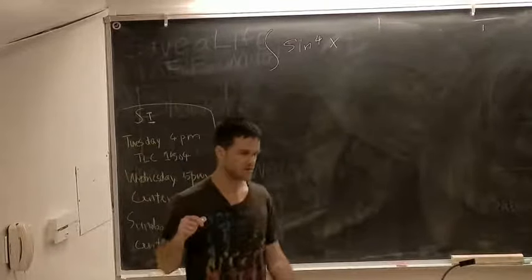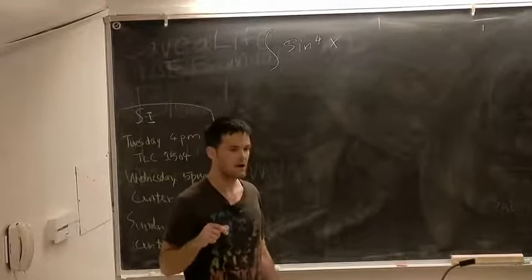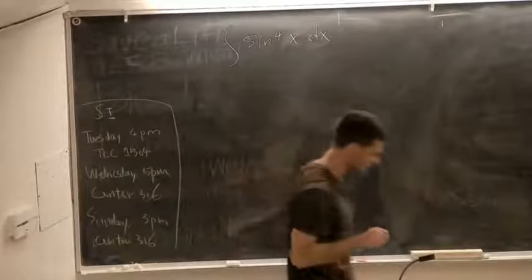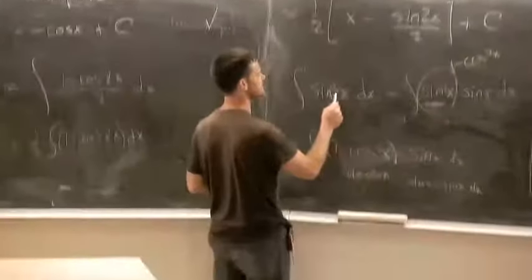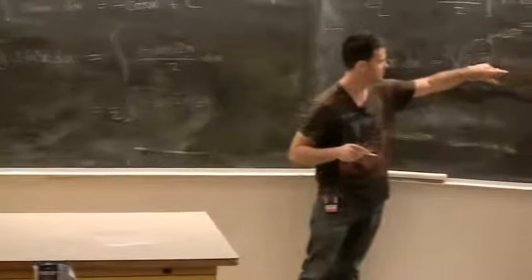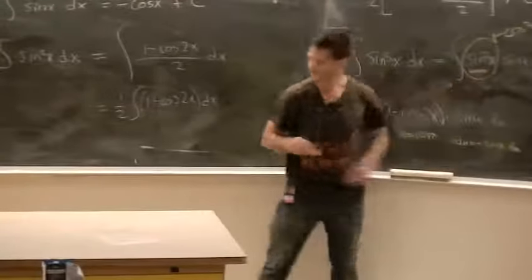Can I do the same trick here? Okay, yeah, it is sine squared times sine squared. Notice the trick that I did here only really works if this is an odd power, right? Because you need to have a sine and then express everything else with cosine squared.